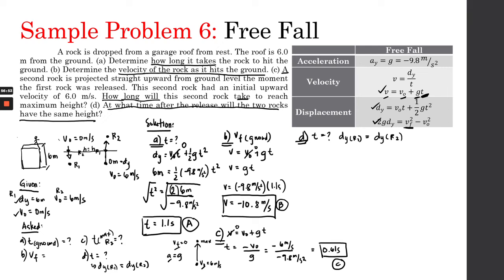What we need to do is basically create an equality between the distance of the two rocks. So for rock 1, we know that the distance traveled for rock 1, dy, is equal to v0 t plus 1 half g t squared.